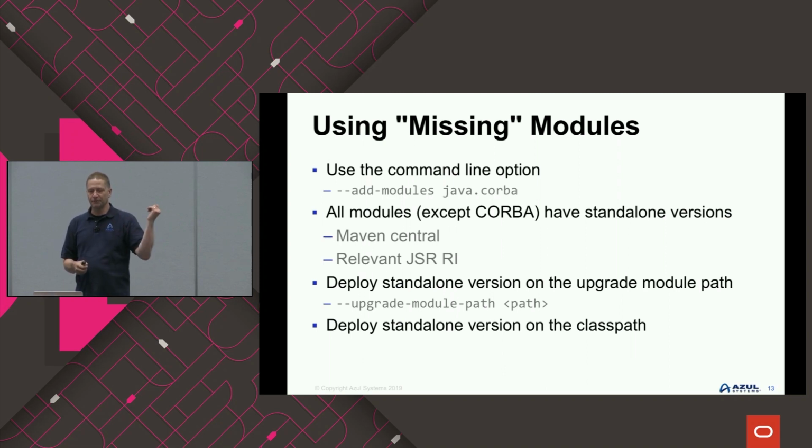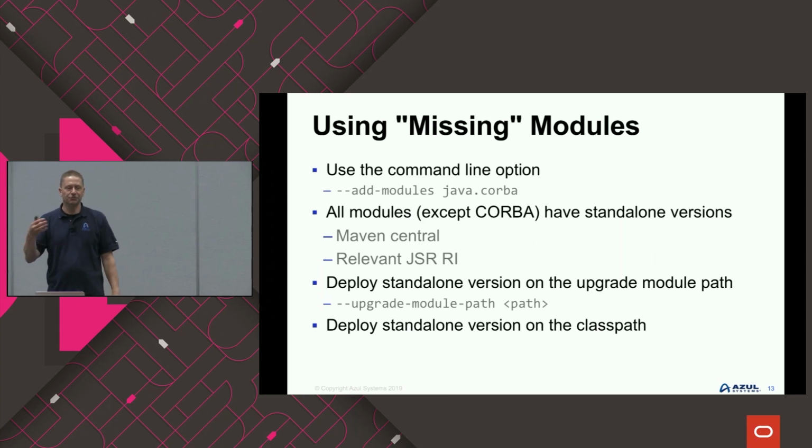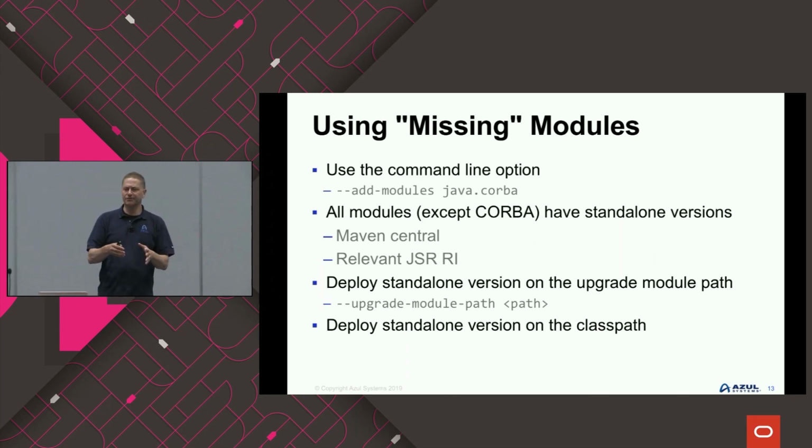The only one that's a little bit of an issue, unfortunately, is Corba, because there isn't a reference implementation through a JSR for that one. But Maven Central, I'm not sure if Maven Central has a Corba version, but it may do. And then there's various ways, as I say, you can do upgrade module path, or you can deploy them directly on the class path. It really just comes down to what you want to do. But it is something that may affect compatibility if you're using JAX-WS, JAX-B, or Corba.